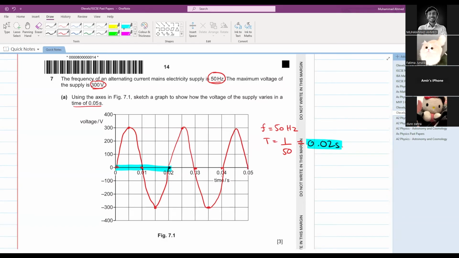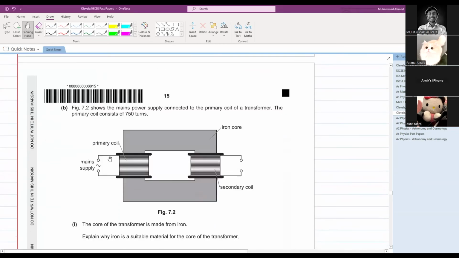The one thing you need to take care of is that the maximum voltage should be at 300, the minimum voltage should be at negative 300, and one wave should get completed in 0.02 seconds. Simple as that. Nothing complicated here. If this is clear, let's move ahead. If you have any questions, you may ask.